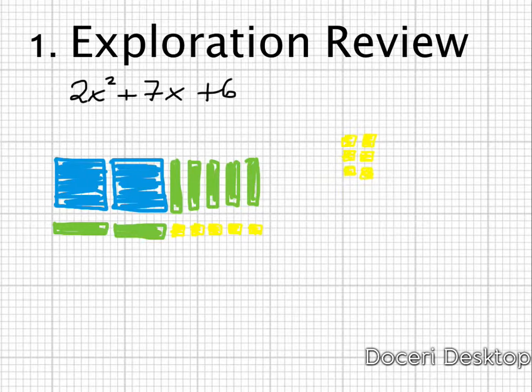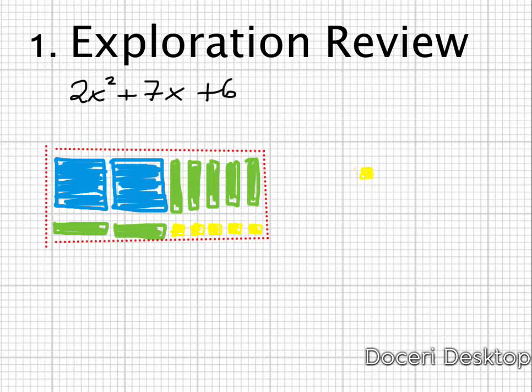So I've reached the edge here. My rectangle looks kind of like this. But I've only used 1, 2, 3, 4, 5 of my squares. I have 1 left over.